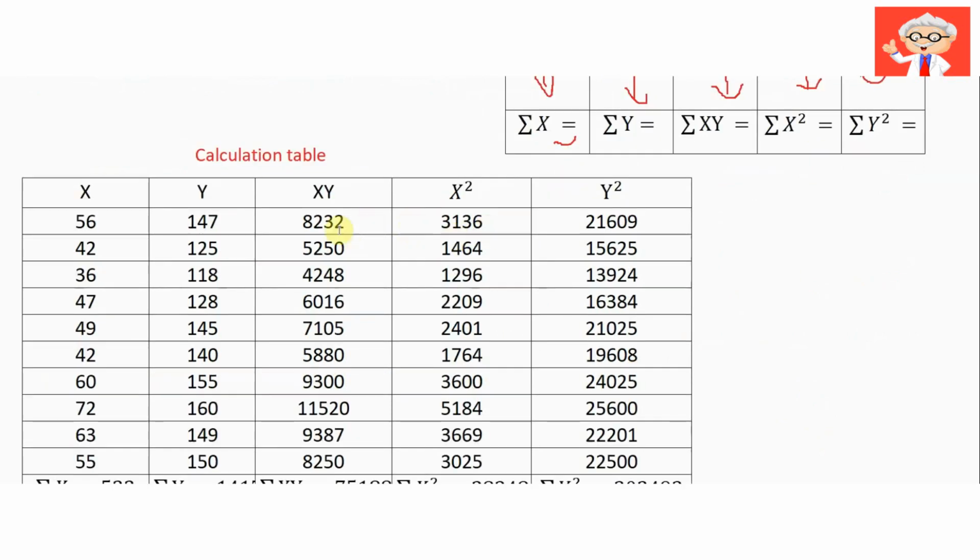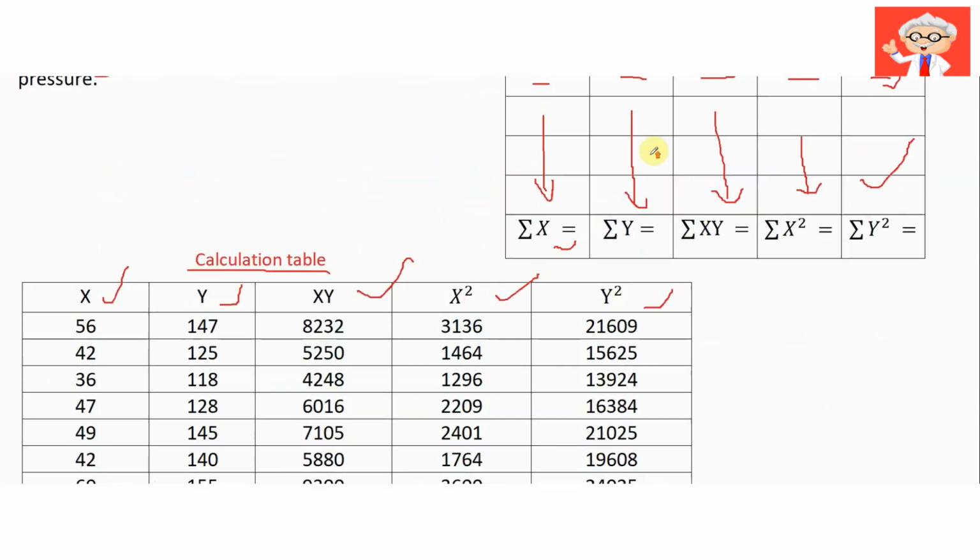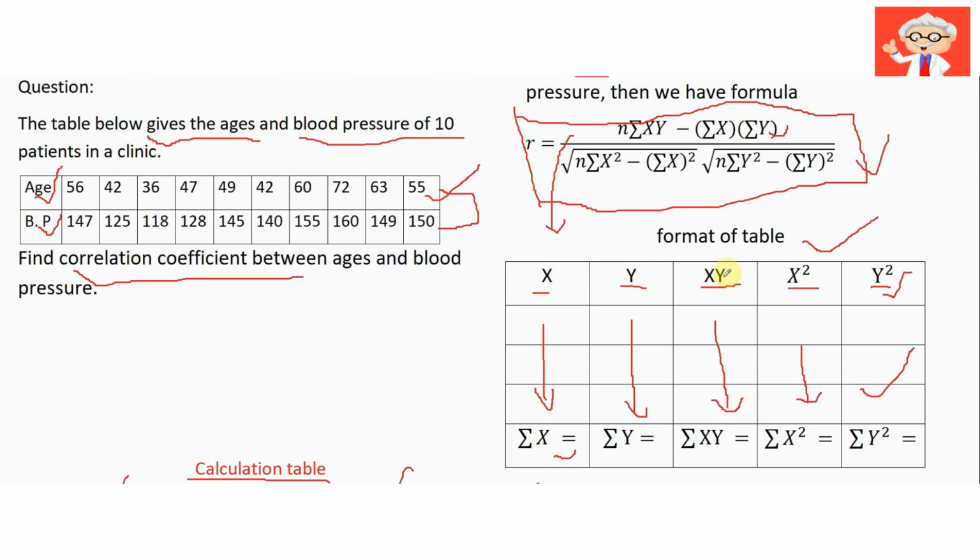Here we have constructed the calculation table. So here is x and another is y, and xy, x square and y square. These are the same as the previous format table. Suppose age is equal to x, and this is y.